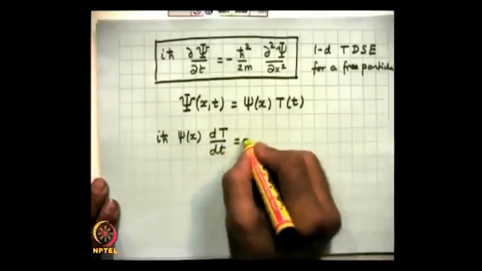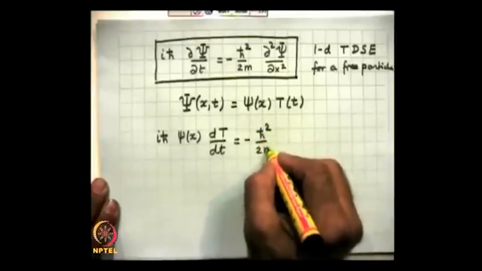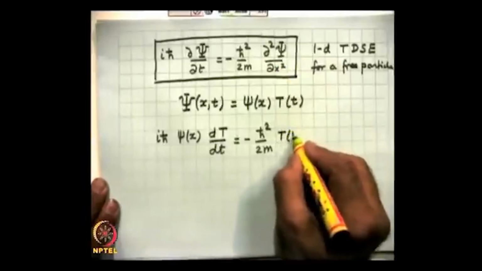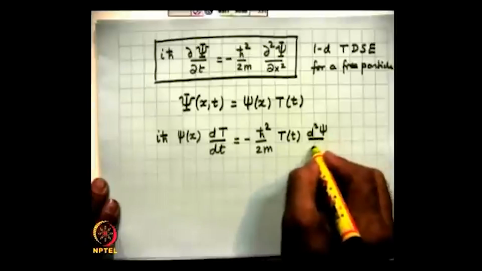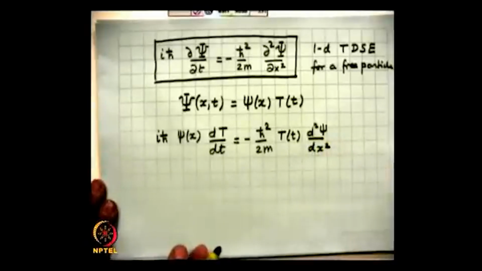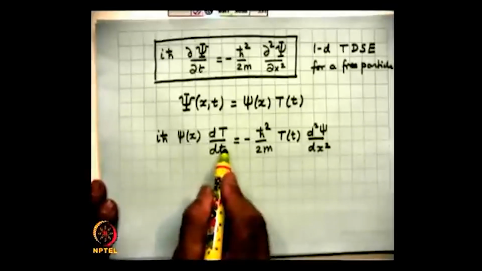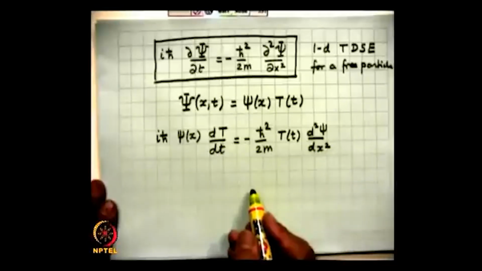This is equal to minus h cross square by 2m. This becomes T of t d2 psi by dx square. The variables have still not separated out, because the left hand side consists of a function of x and time, and the right hand side also consists of a function of x and time.